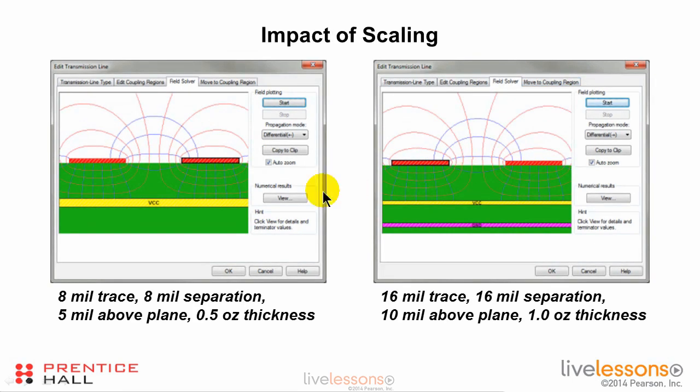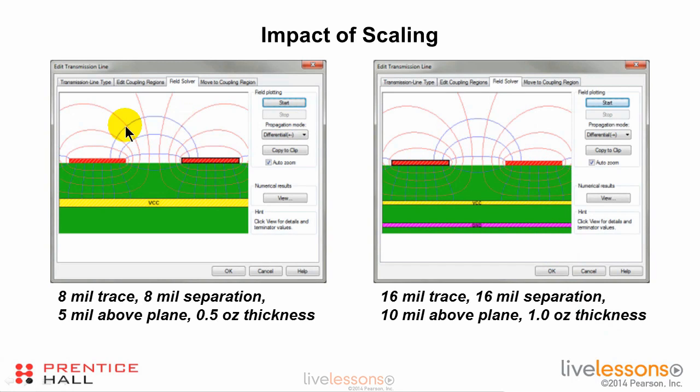Impact of scaling. Here we have an 8 mil trace, 8 mil separation, 5 mils above the plane, ½ ounce thick trace. Here we have 16 mil trace, 16 mil separation, 10 mils above the plane, and 1 ounce thickness. And look at the electromagnetic fields.